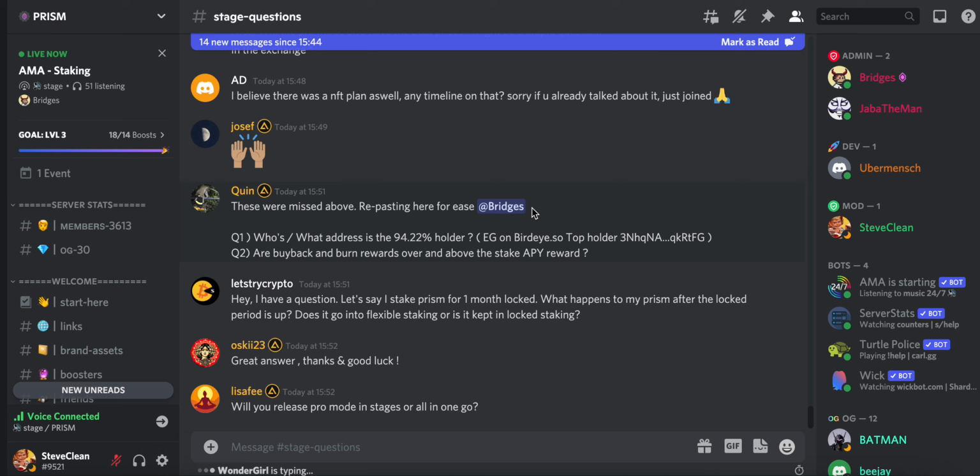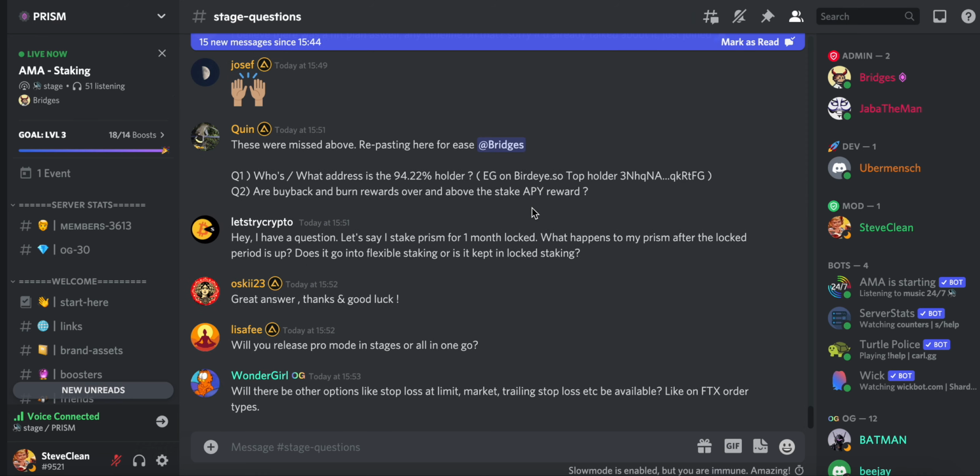Okay, Quinn repasted some questions that I missed, I guess. So let's see. Question one is, what address is the 94% holder? That's the main treasury wallet, so that holds all the unreleased Prism. And question two is, are buyback and burn rewards over and above the stake APY reward?